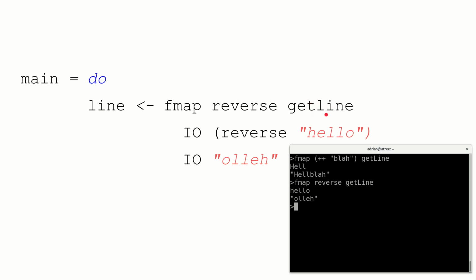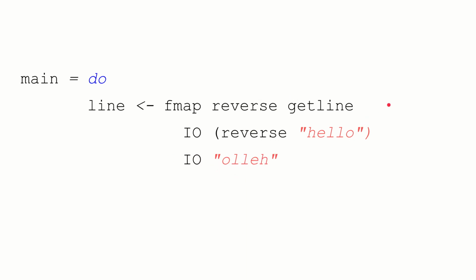IO is our functor. That is the parameter for our function, and then we return our value after we have evaluated our function, and then we wrap it in IO. So we wrap it in our functor. We get IO olleh back.